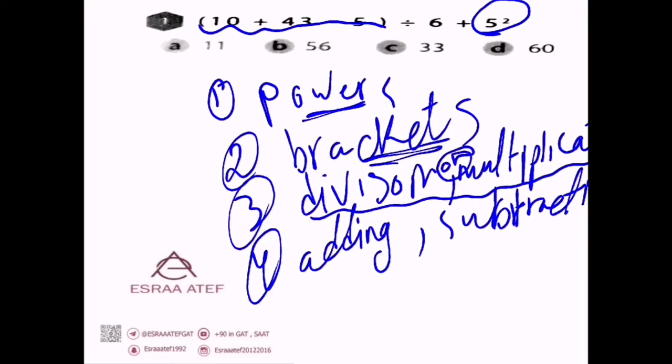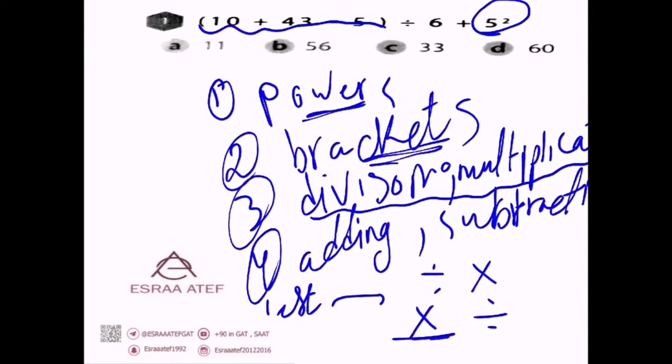If we have division first from the left and then multiplication, we will start with division. If we have multiplication first and then division, we will start with multiplication and then the division.